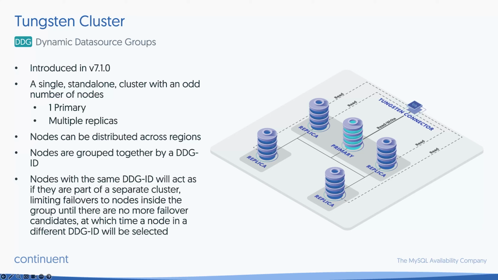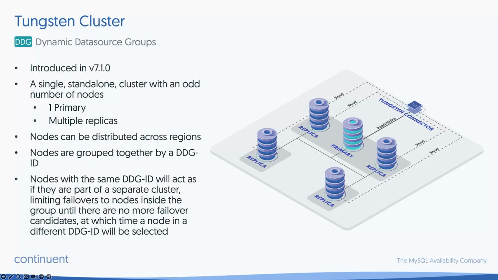Within this topology, you would still have a single primary with multiple replicas, but here nodes can be distributed across regions. Each distinct region would then be grouped together by a Distributed Data Source Group ID or DDG ID. In the diagram here, we show the primary and 2 replicas in one Dynamic Datasource Group and 2 replicas in 2 other separate groups.